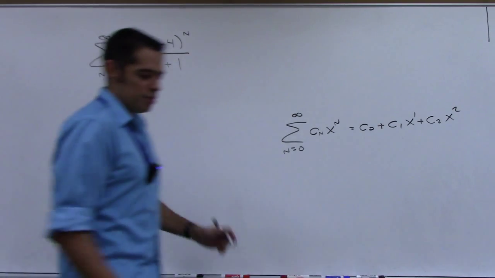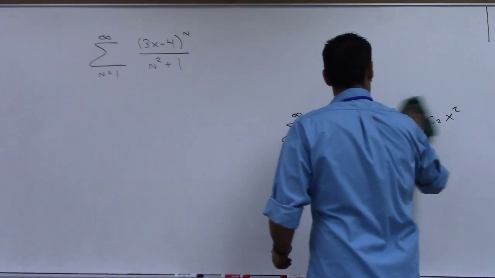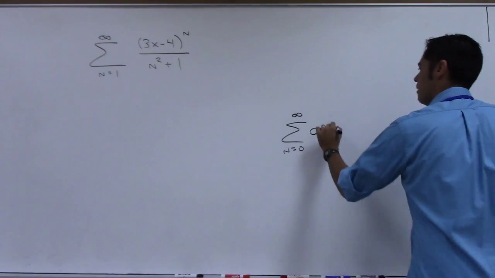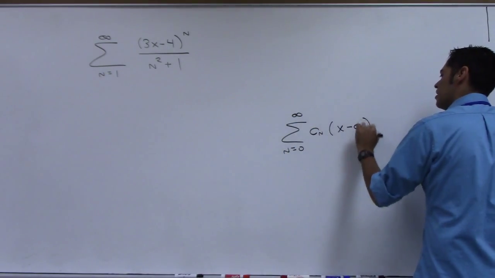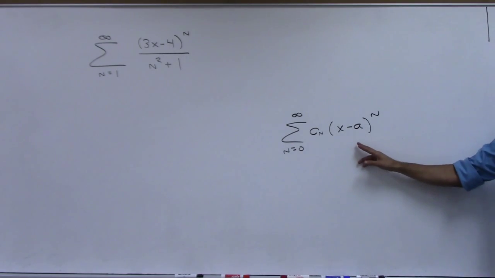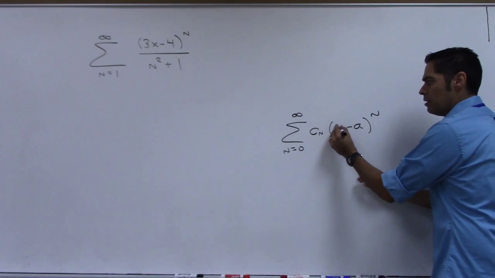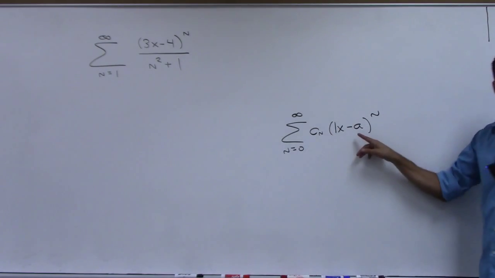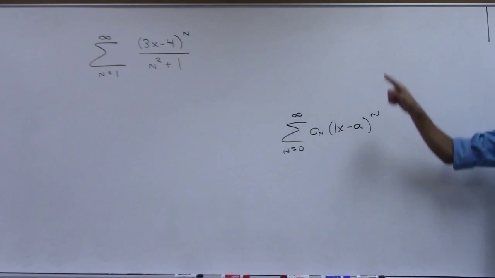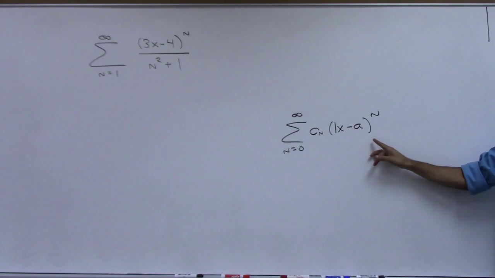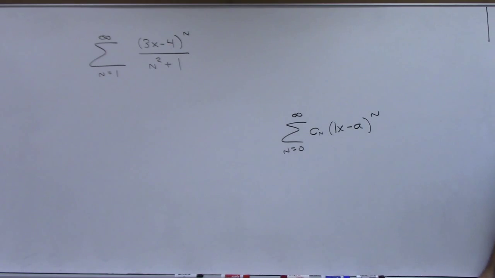So remember, for general power series, we said x minus a to the n would be a power series about a, right? Do you notice what the coefficient on x is here? 1. So that doesn't look like this yet. So how would we set that equal to 0? 4/3?